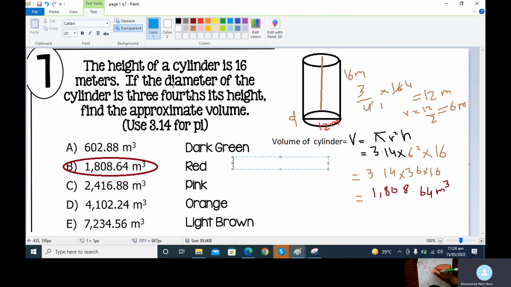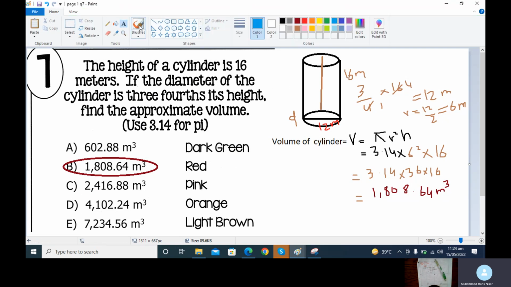Okay, let me tell you again. If the diameter of the cylinder is 3/4 its height, so he said that this is the diameter, for example, and it is equal to 3/4 of its height. Clear up till here? We just translated this statement into an equation.